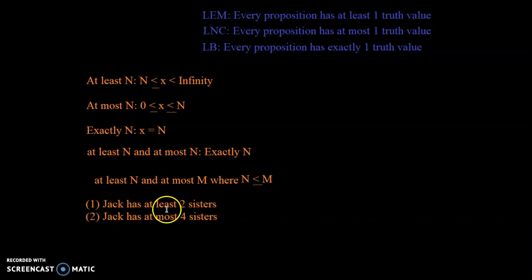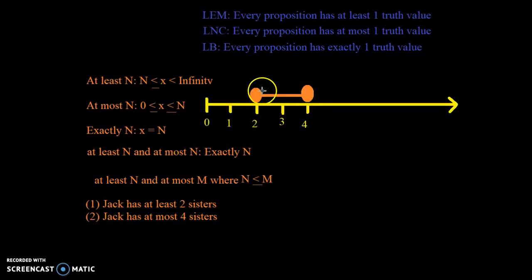So suppose that Jack has at least 2 sisters and at most 4. Notice n, 2, is less than 4, which is the case I have in mind. So go ahead and draw a number diagram assuming both of these are true. Well, the at least clause gives you your lower bound, and the at most clause gives you your upper bound. Both of them are ruled in as possibilities, and anything in between, and everything else is ruled out.